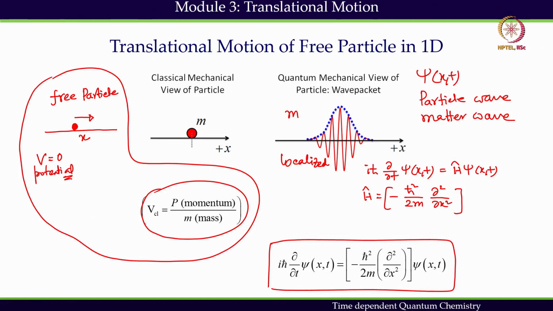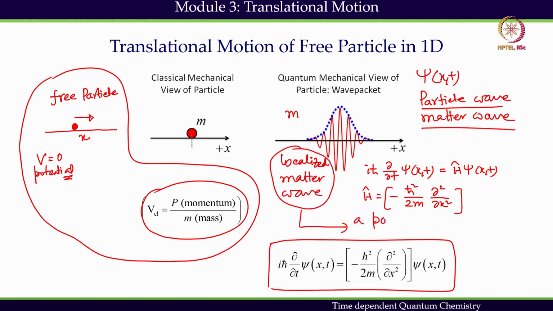So we will never imagine that in quantum mechanics I have a particle of mass m like this. This is a wrong picture because it is represented by a particle wave, more specifically a localized matter wave. This localized matter wave is actually a particle in quantum mechanics.